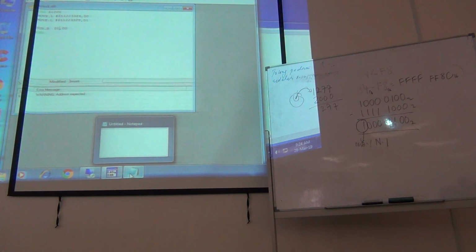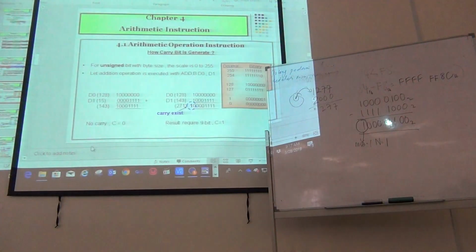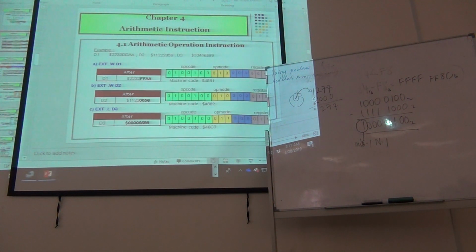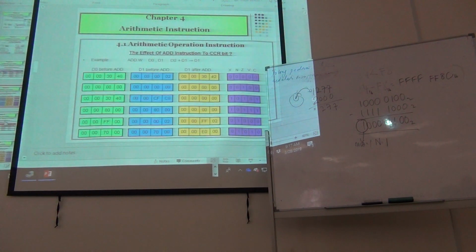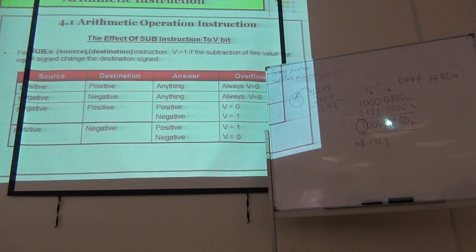So why does the overflow bit still remain 0? Look at the table on your slides. The slides are like this. The overflow looks at the sign of the two operands and what the sign of the result is.